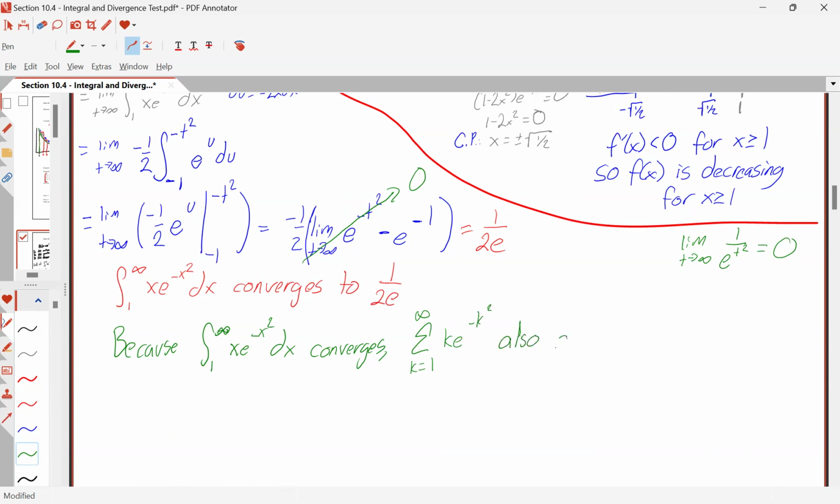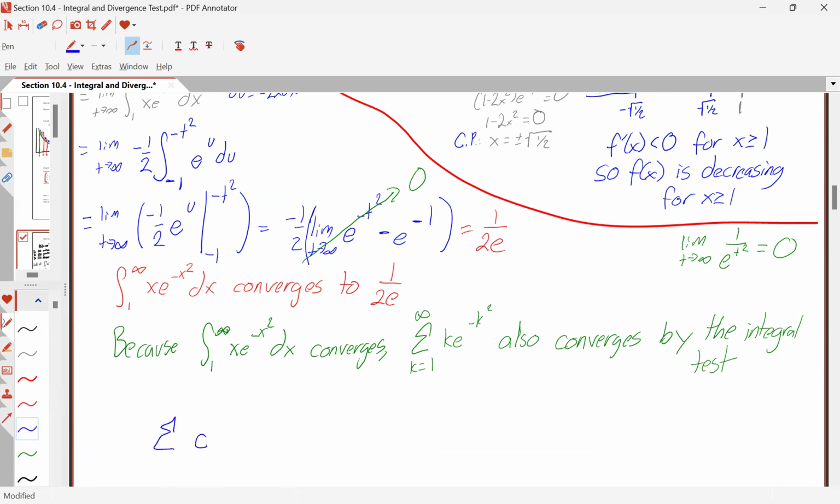It also converges by the integral test. So remember those sentences I mentioned in previous videos?